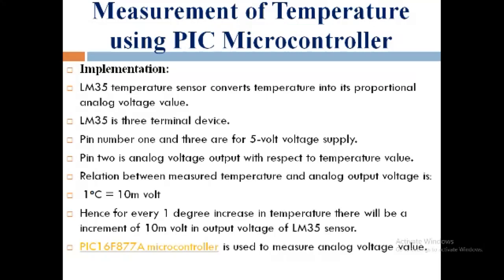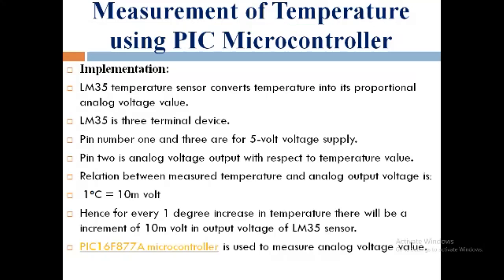Hence, for every 1 degree increase in temperature, there will be an increment of 10 millivolt in output voltage of the LM35 sensor. That is, this LM35 temperature sensor output is directly proportional to the temperature.